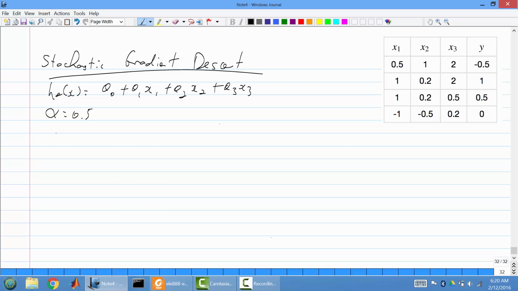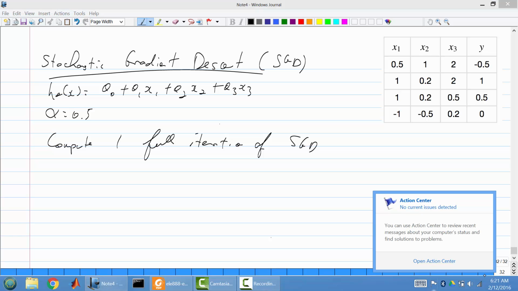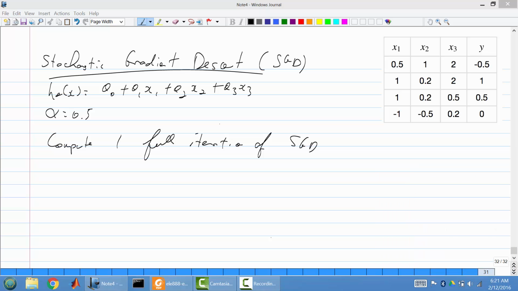So compute 1 full iteration of SGD. I'm going to call this stochastic gradient descent as the acronym SGD, just to make things a little easier. So if you recall the algorithm, it's actually not bad.